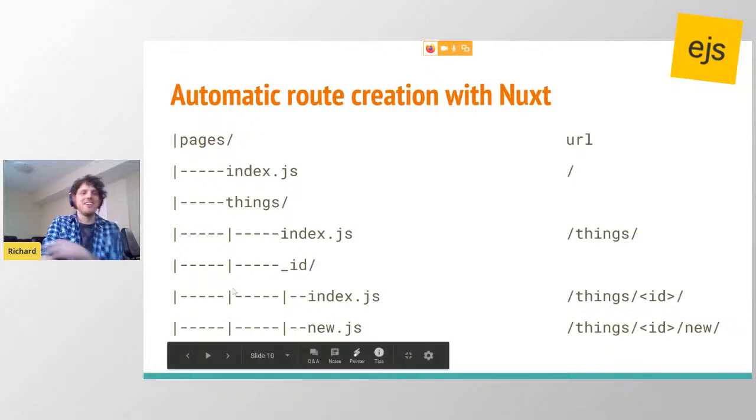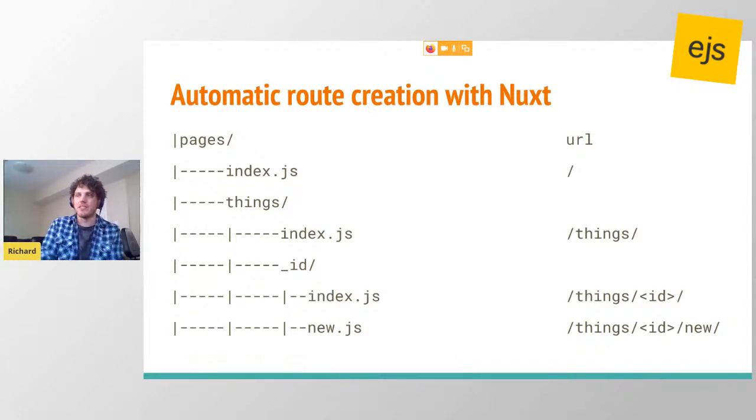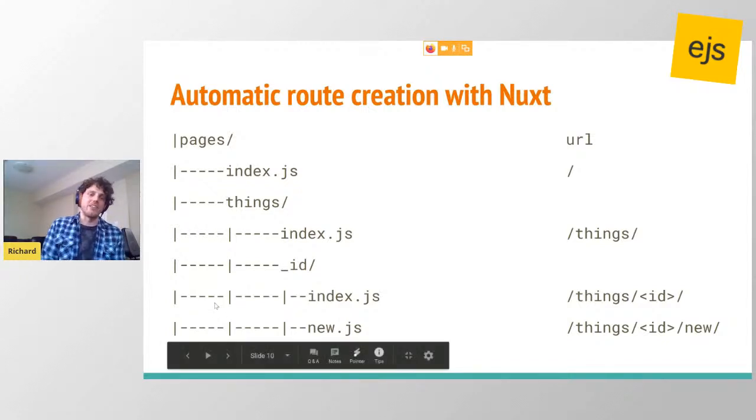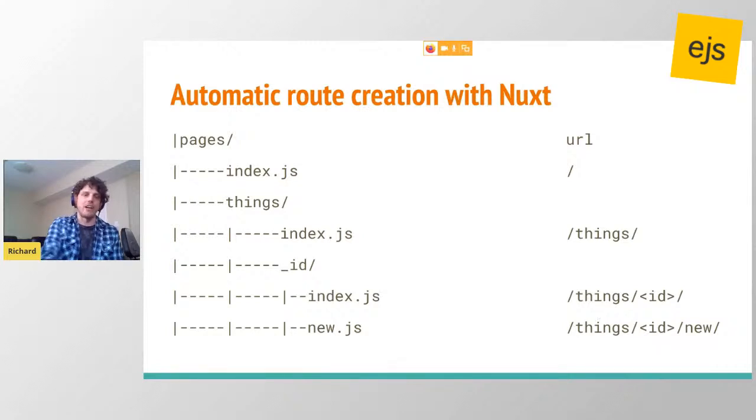For those wondering about how you put parameters into a directory structure, this is how they do it. You have the underscore, so we have the parameter ID. So now we'll have an ID within our route. So things/:id at index, or we could have new, and we'll have things/:id/new. And then these components can access that parameter, and then you'll have them in Vue.